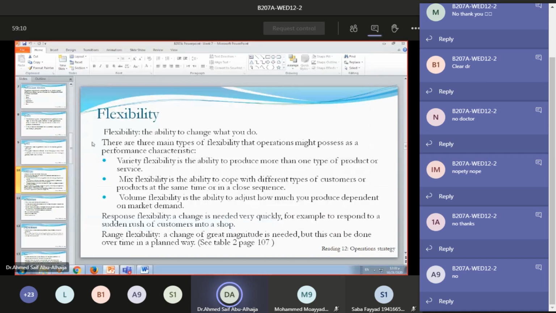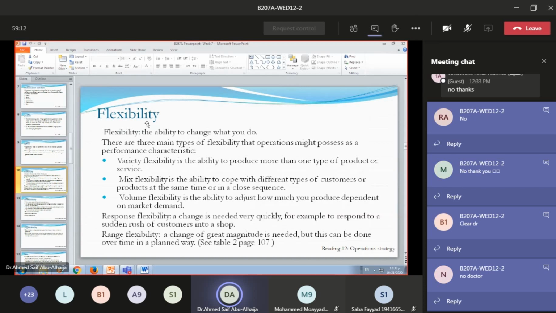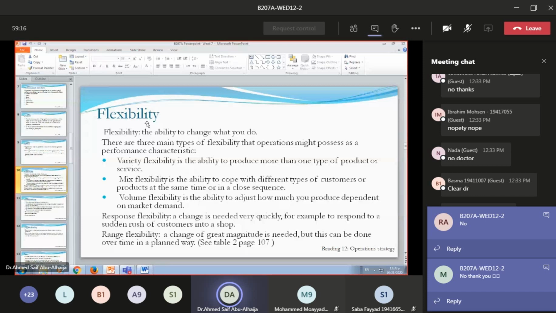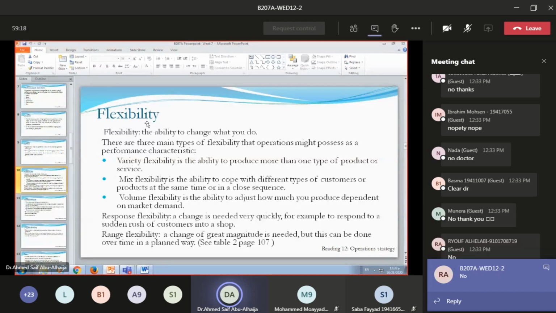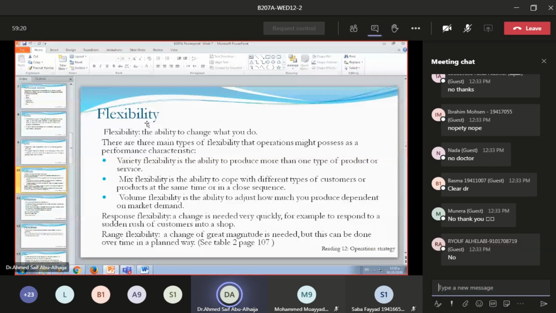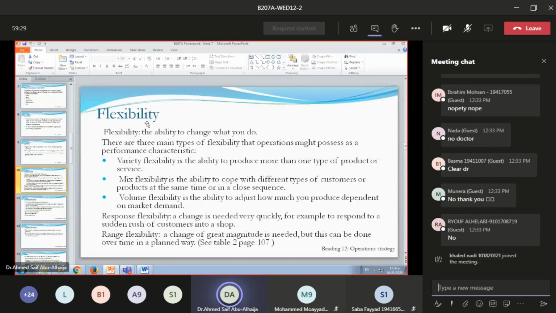Now we have the third goal, which is flexibility. Flexibility is important, and we have discussed, I think, in the last chapter how important it is to be flexible. Why do we need to be flexible? Because flexible means you are able to match the dynamic environment.